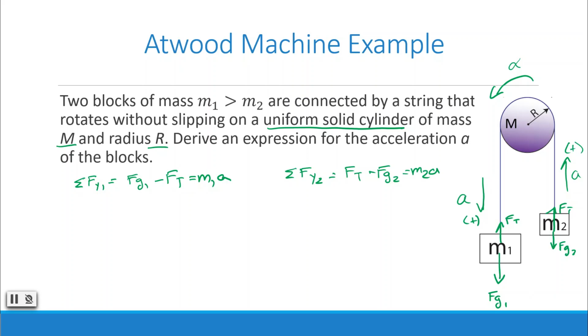But the problem is, according to Newton's second law for rotation, net torque is equal to I times alpha. So in order for the pulley to have an angular acceleration, there has to be a net torque. What forces are acting on the pulley and what causes torque? Well, there's going to be some gravitational force on the pulley, and there's probably an axle that the pulley is resting on so it doesn't fall, creating a normal force.